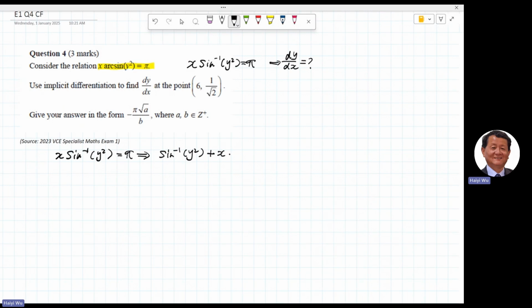Let me give you the formula: the derivative of sine inverse of ax is 1 over the square root of 1 minus a squared x squared. That's the general formula for inverse sine.